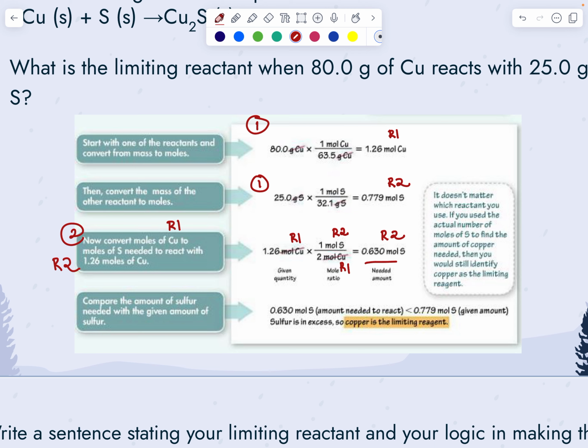And this is what's key. What is this number? That's the number of moles of the second reactant that I would need to use up the first reactant. So this is saying, if I was going to use all 80 grams of copper, or all 1.26 moles of copper, I would need to use 0.630 moles of sulfur.